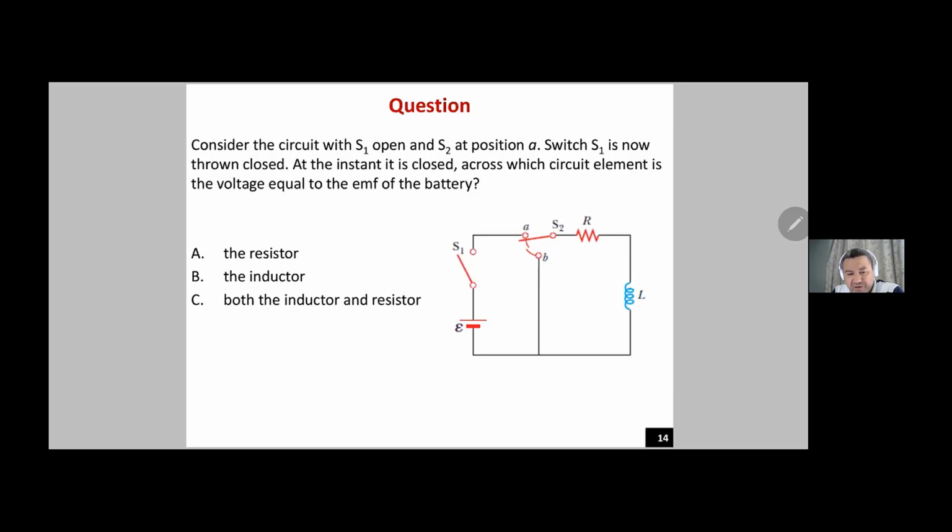Right after I closed the switch, the current at that moment was still 0, and then it changes exponentially. Okay, so the answer is B to this question.